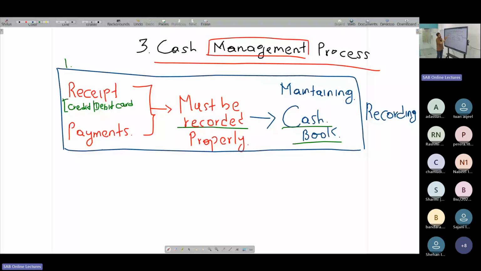Cash, bank transfers, check transfers. Okay, the same for payments also.